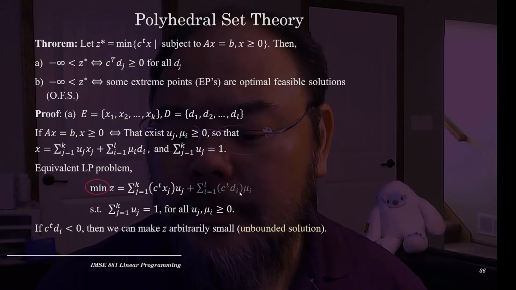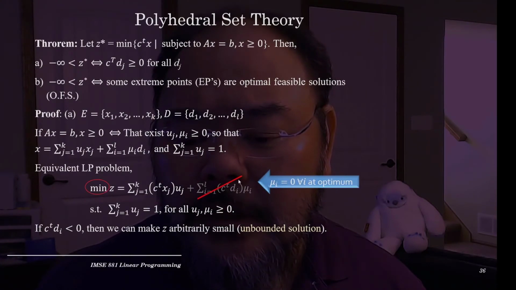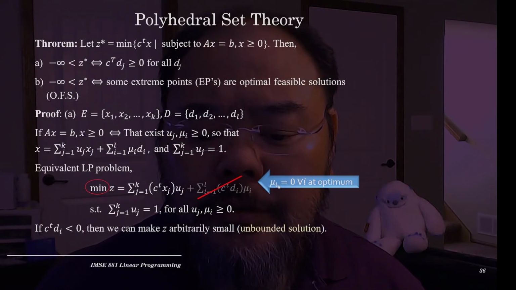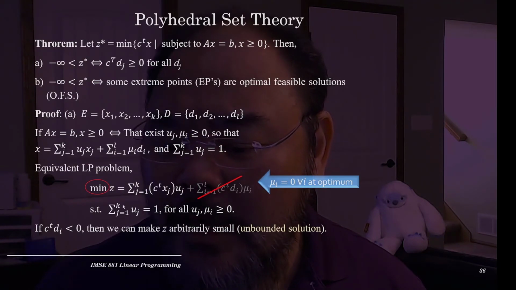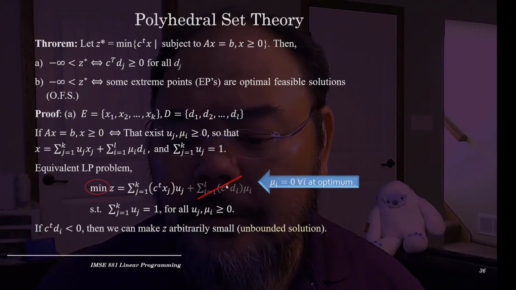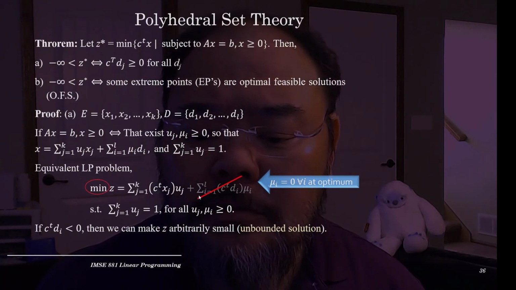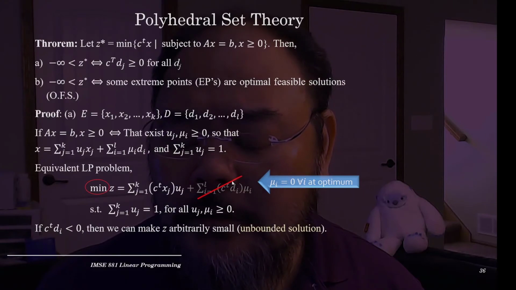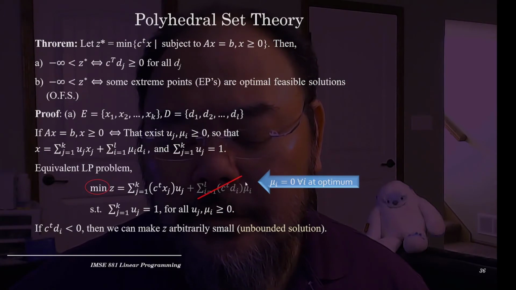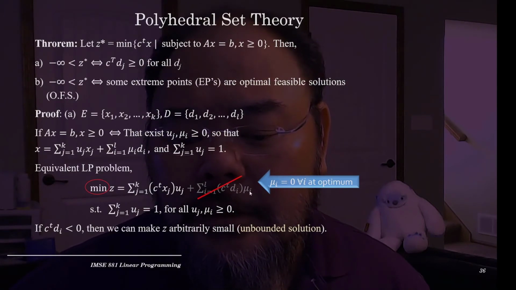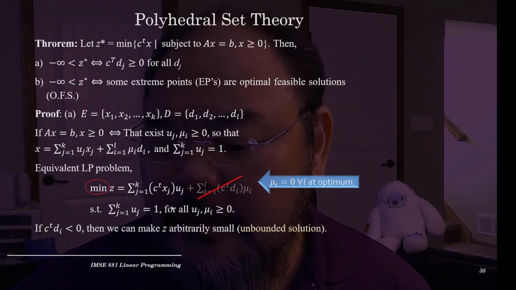Since we're minimizing, we basically eliminate the second part. So mu i is all equal to 0 at all the optimal solutions. Therefore, the optimal solution is only defined by the convex combination of your extreme points. And that means the extreme directions don't matter in this particular case, because all the mu i are going to be equal to 0 at the minimum point.